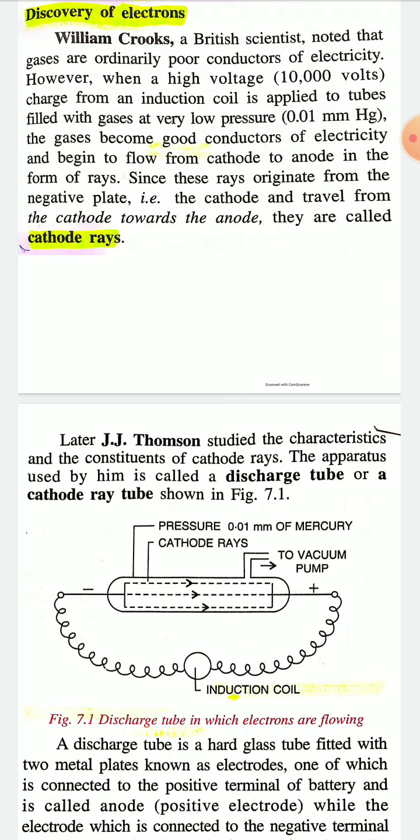One is connected to the positive terminal of the battery, and this is called the anode, the positive electrode, while the electrode connected to the negative terminal of the battery is called the cathode, the negative electrode.